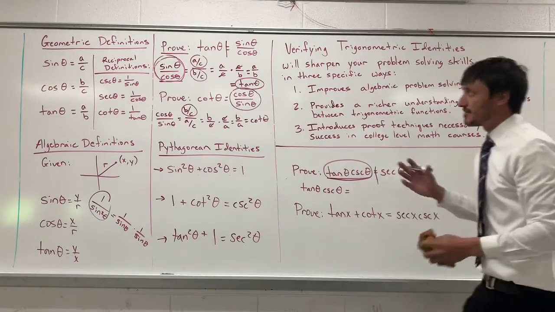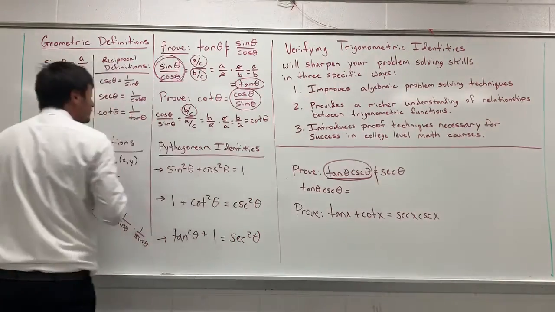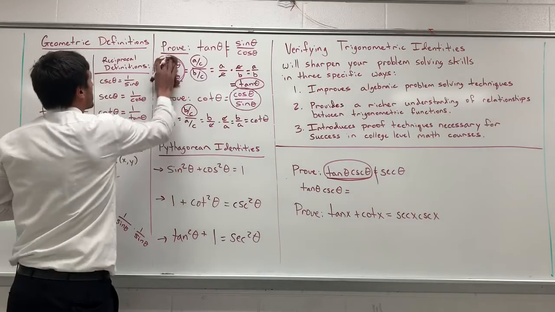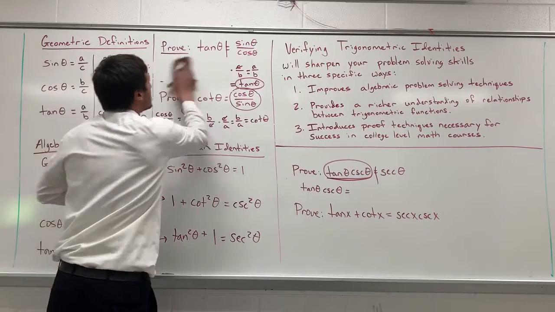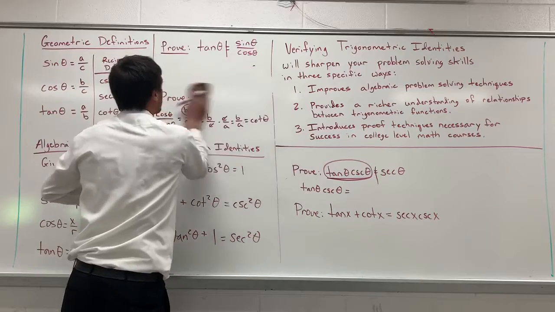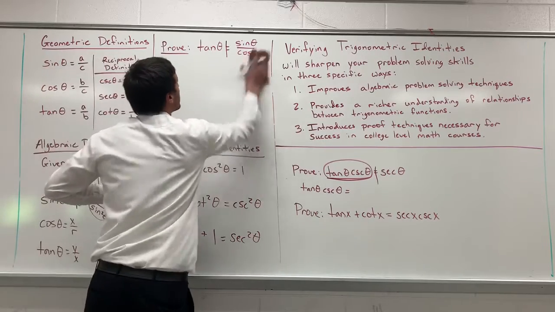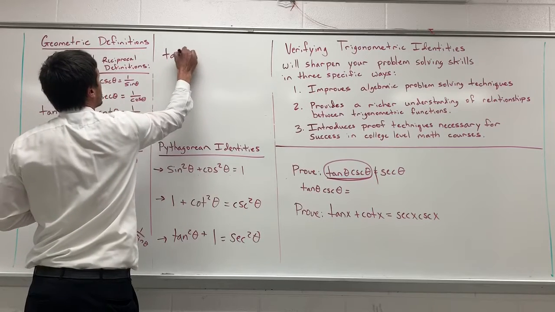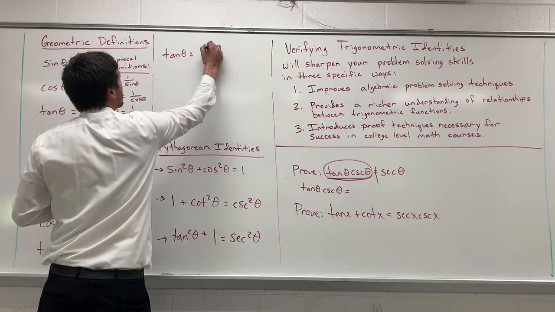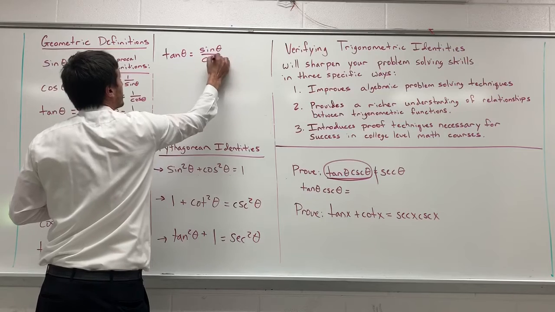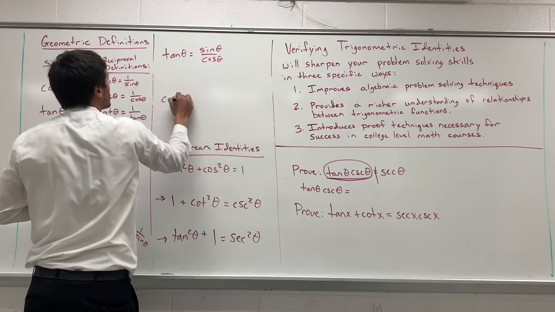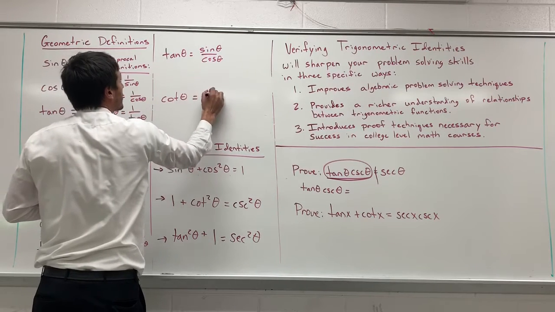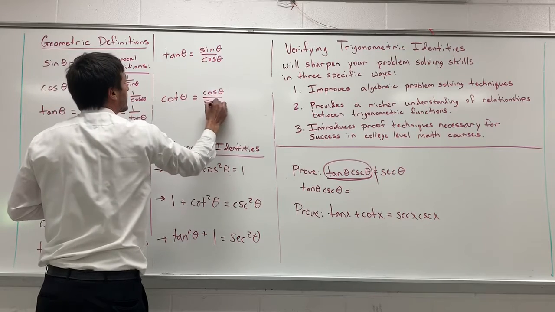Okay? Now, there's a big hint with these proofs. I'm going to erase this off the board real quick. We know that the tangent of theta is equal to the sine of theta over the cosine of theta. And we know that the cotangent of theta is equal to the cosine of theta over the sine of theta.